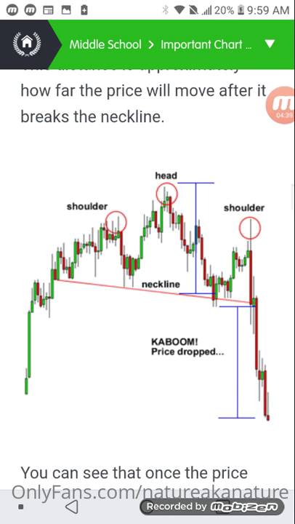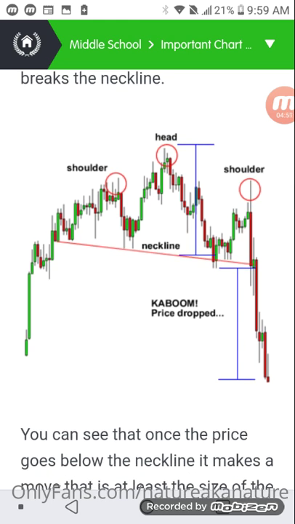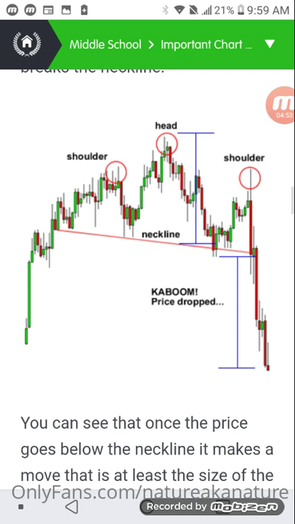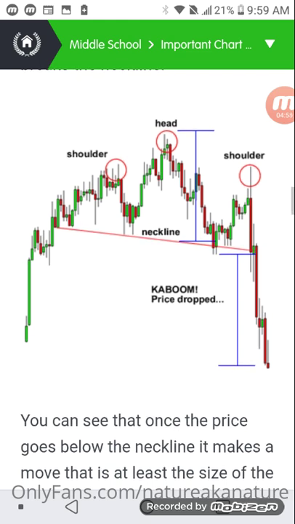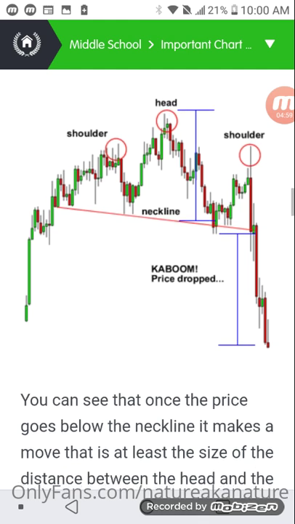Kaboom! Price breaks and drops at the same measurement as the height from the highest peak to the neckline before it broke.